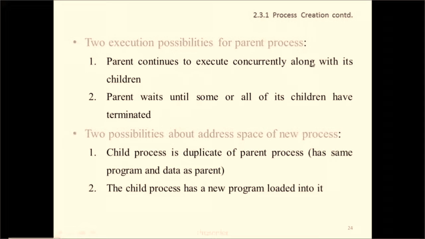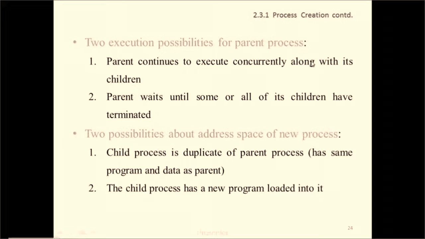Second possibility, where the child is sharing, the child remains a child. In that case, the parent has to wait until the child completes its execution. So the parent is suspended, the child proceeds, the child completes its execution, and then an interrupt is generated for the parent, and then the parent begins its execution again. So that is the second possibility.